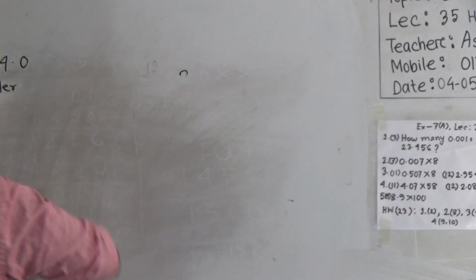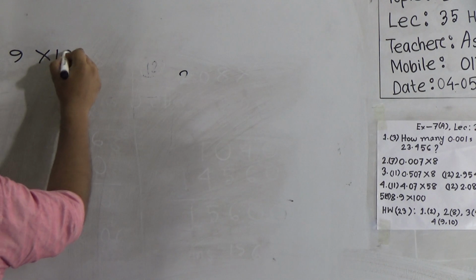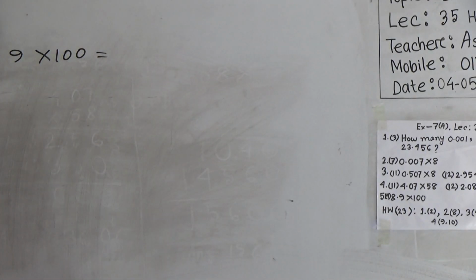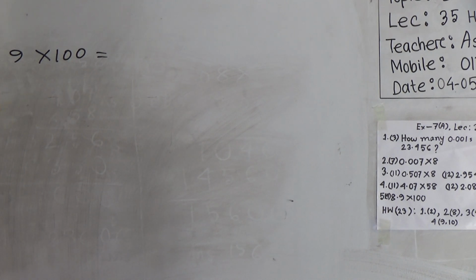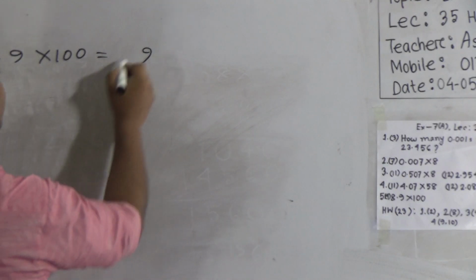Next our last question, question number 5, 4. The question is 8.9 multiplied by 100. Dear student, we shall solve this by an easy method. First of all we consider there is no point. So we multiply 89 by 1. 9 ones are 9 and 8 ones are 8.